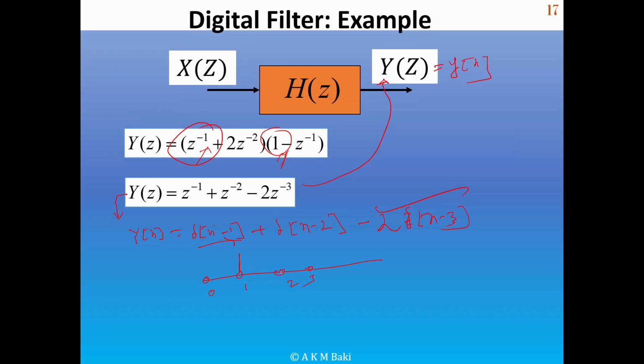The second information, in the case of delta n minus 2, is identical. In the third case it becomes negative, with amplitude 2, so minus 2. So this is y of n.